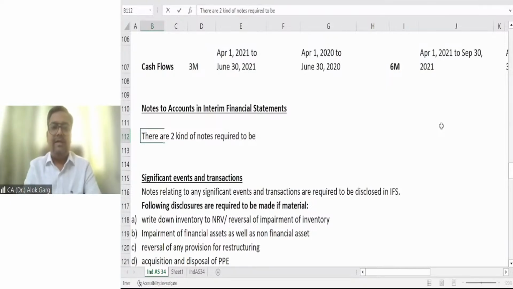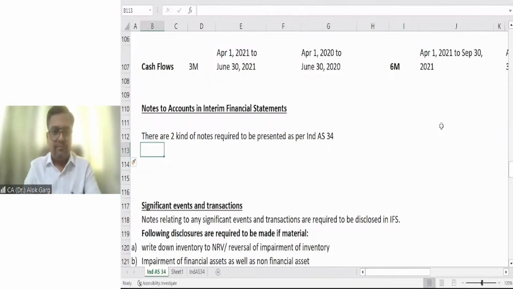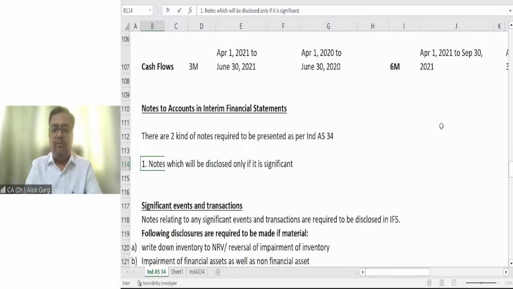There are two kinds of notes required to be presented as per Ind AS 34. Number one, notes which will be disclosed only if they are significant or material.